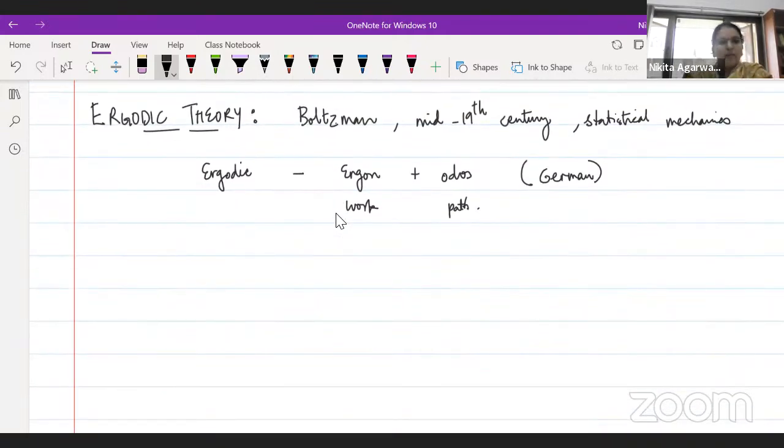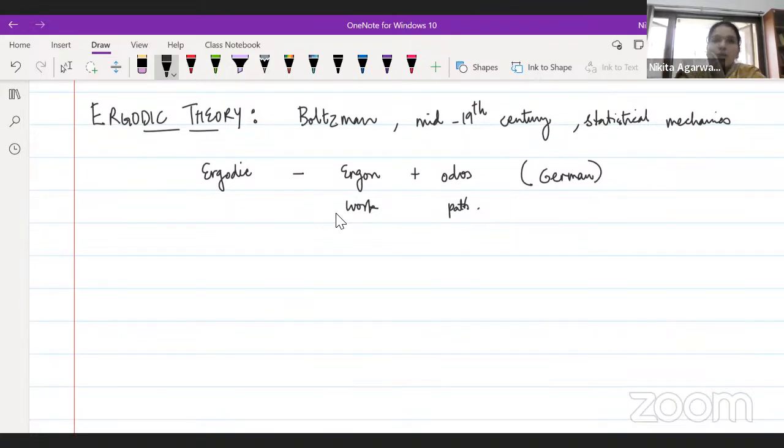So, it all started with a hypothesis, which is known as the ergodic hypothesis, which says that if you have large systems of interacting particles which are in equilibrium, then the time average along a single trajectory equals the space average. Okay. Now, it may not mean anything to you at this moment, but we will come to the precise statement in some time.